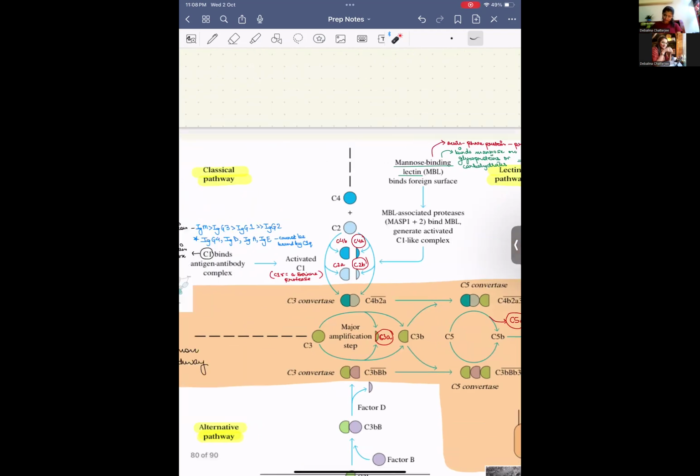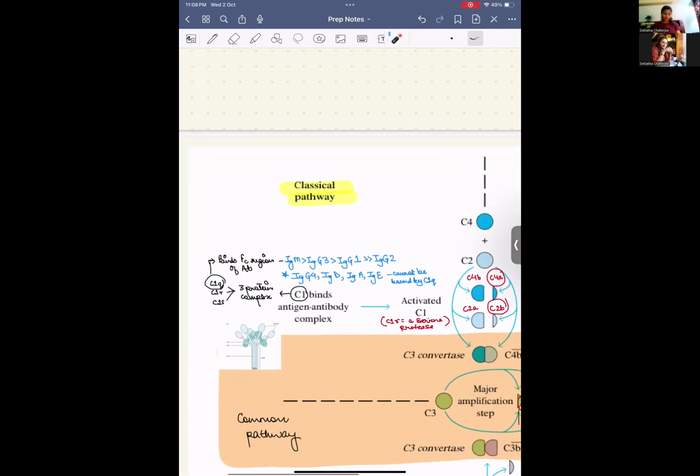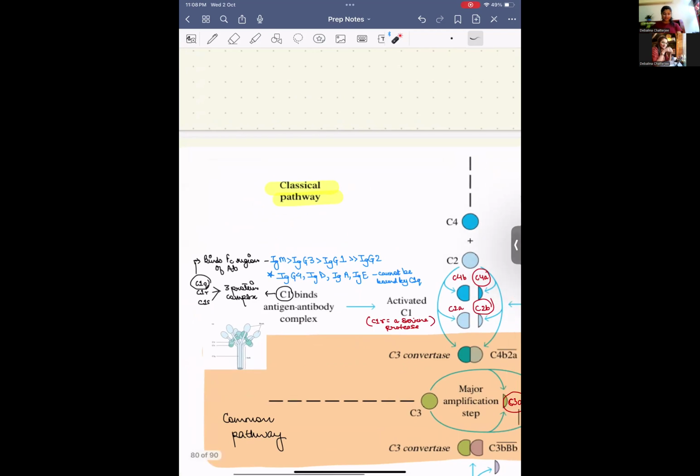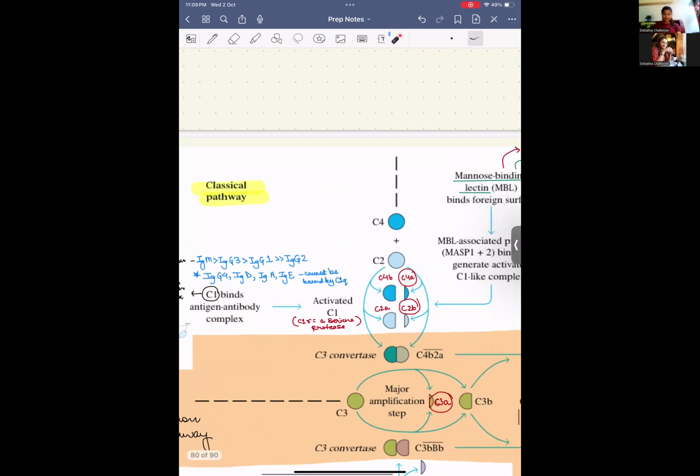For now, let's just go back to this point wherein we had a C1 molecule. So we have antigen antibody complexes, and the C1 molecule binds the complexes. This gets activated and brings about cleavage of C4 and C2. The C3 convertase that forms is constituted by C4b and 2a.